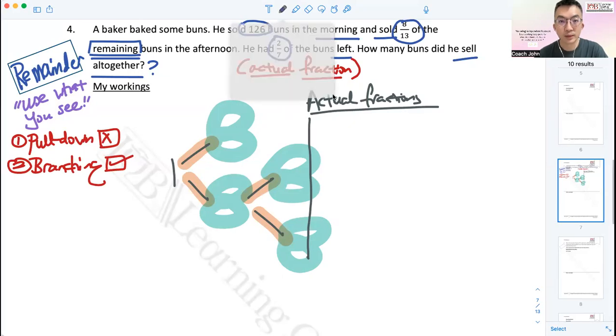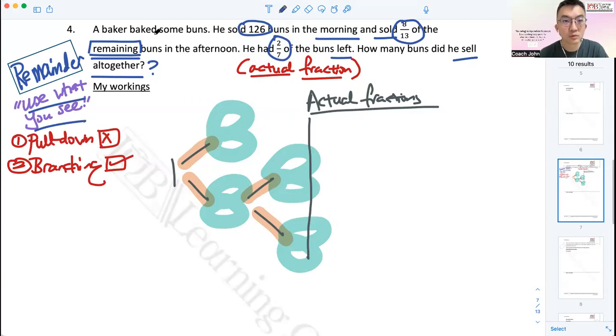Using back my blue pen, let's go back to the flow, which is called use what you see. Then he sold 126. From one whole, bake some buns here will be considered as one whole. He sold 126.